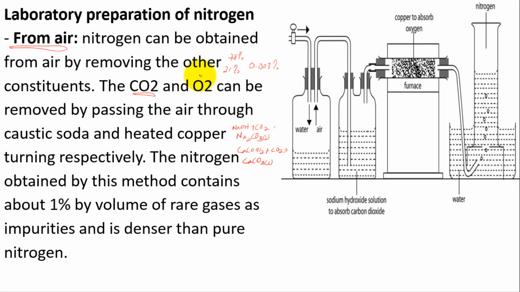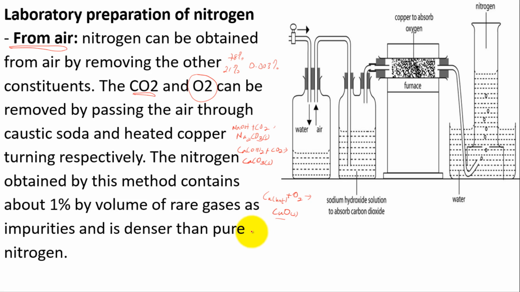Then aside this, how will you now remove oxygen? For us to remove oxygen, you can pass it through a heated copper turning. You have a very hot heated copper, and then you pass oxygen through it, and it gets oxidized to copper oxide solid.